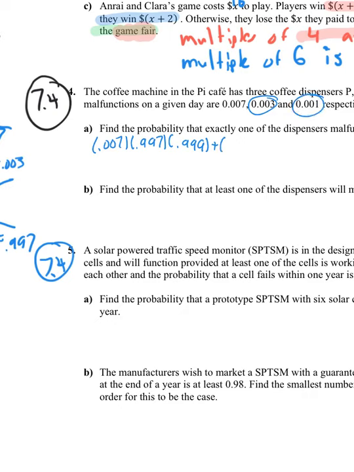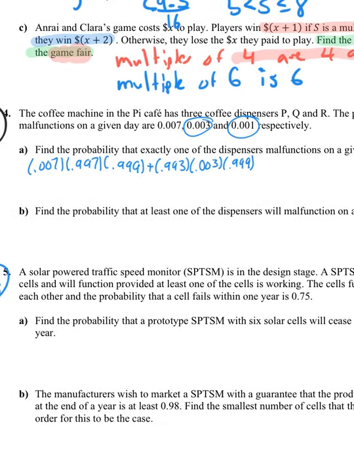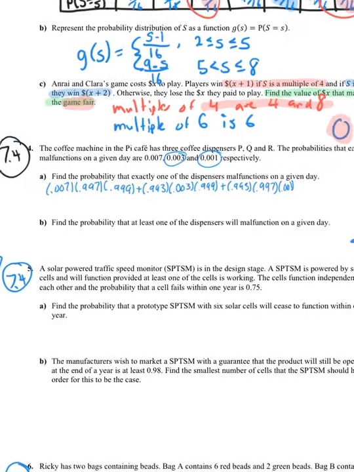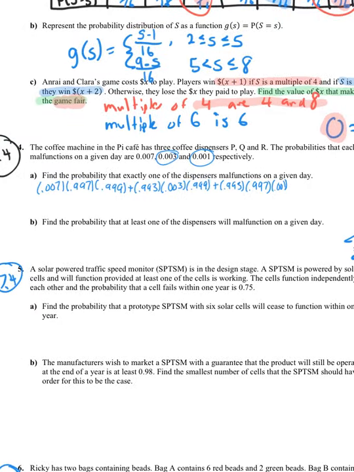And now we switched up: 0.993, 0.003, and 0.999, and then the last one, 0.993, 0.997, 0.001. Add all 3 of those together, and that's your probability that exactly one of them fails. Those are the 3 scenarios where one of them fails and the other 2 don't. Okay?